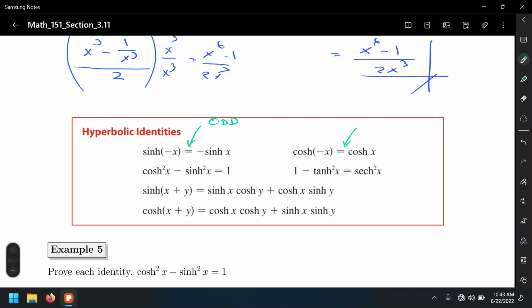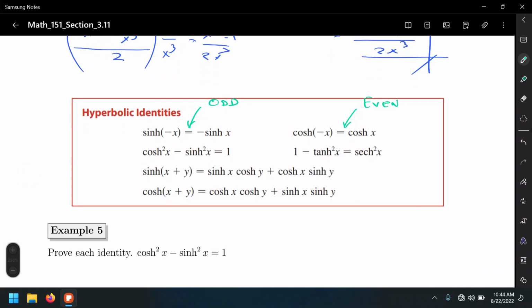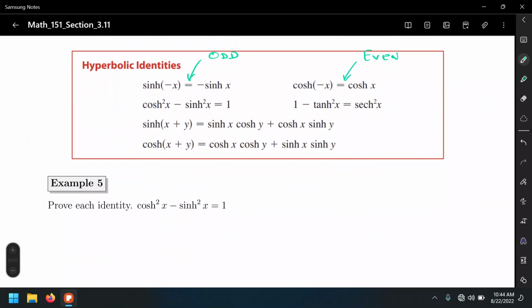And the same condition here tells us that the cosh function is an even function. When you evaluate a cosh function at a negative value, you get back the original function without the negative.